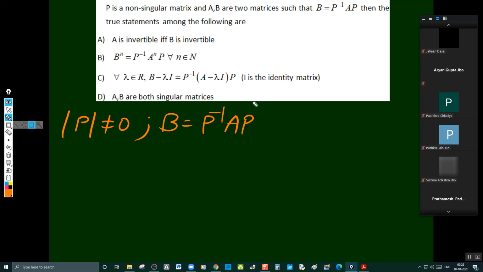P inverse into A. Now, what he's saying is, let us multiply both sides with P. Then what happens? PB is equal to P inverse into AP.